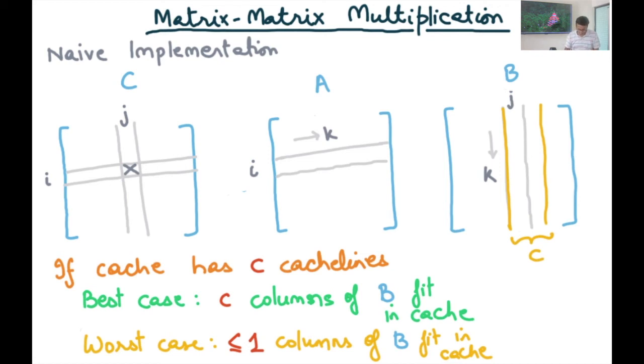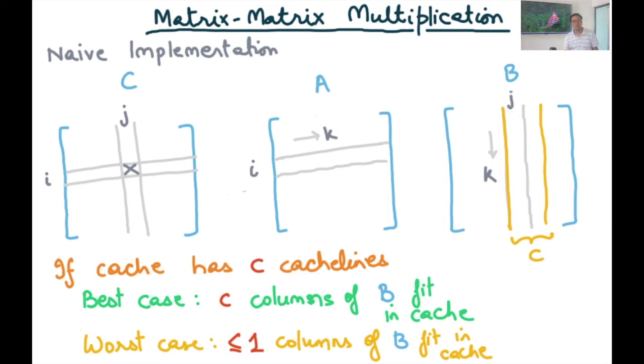In that case, this would be the best case, because once I go through this column, then I go to the next column, j plus 1, and now j plus 1's column entries are going to be available in the cache, because the C columns could fit in the cache, and so the next C columns are already in the cache.